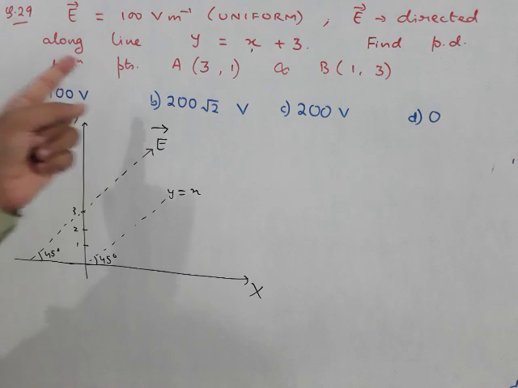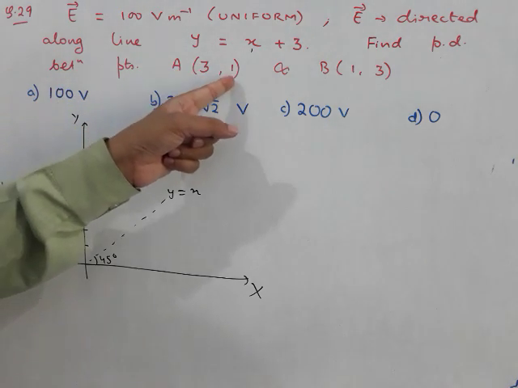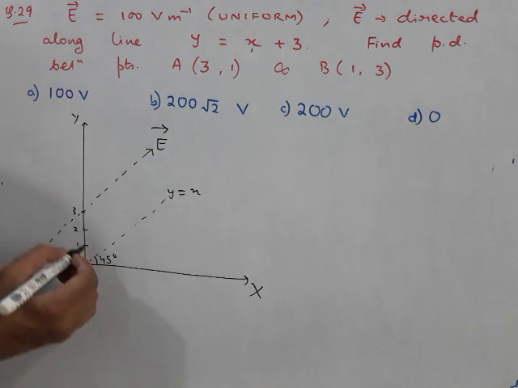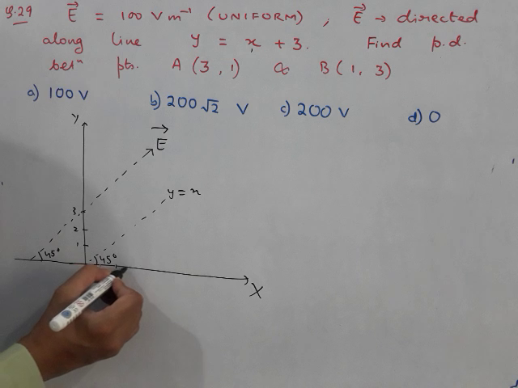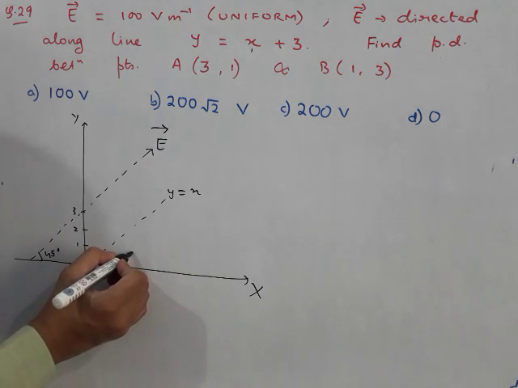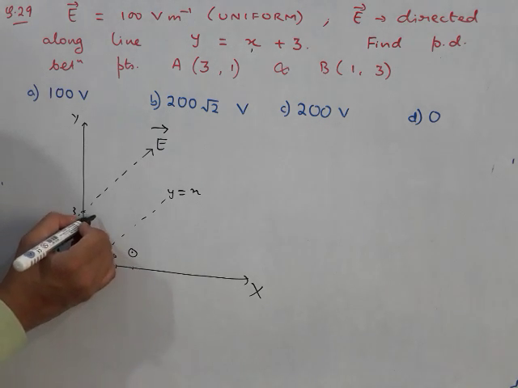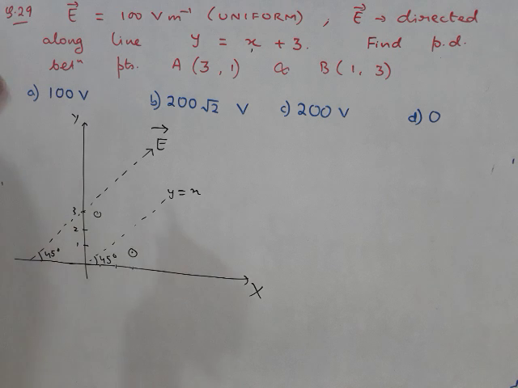You have to find the potential difference between the 2 points 3, 1 and 1, 3. Now where will be 3, 1? Let's see. 3, 1 is this one and 1, 3 is over here. These are the 2 points.